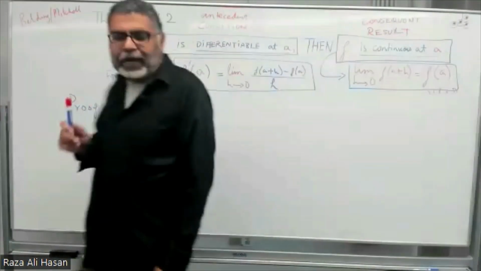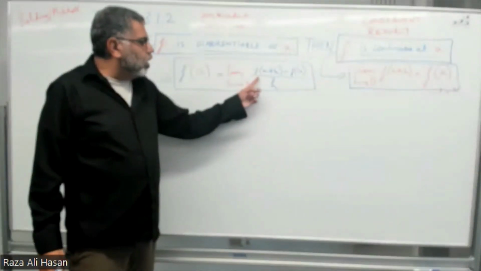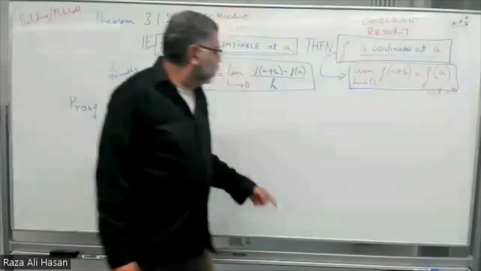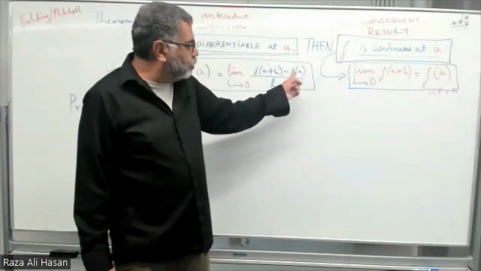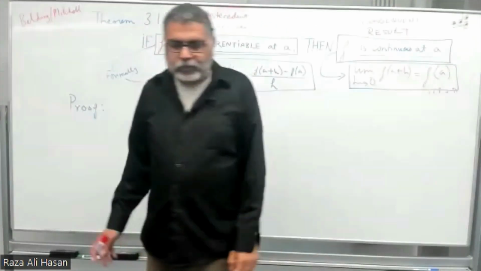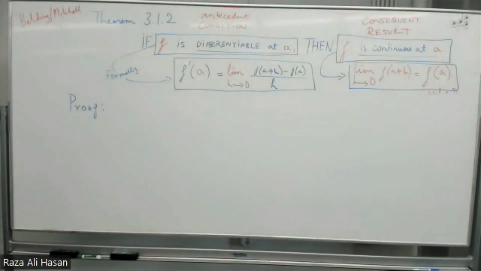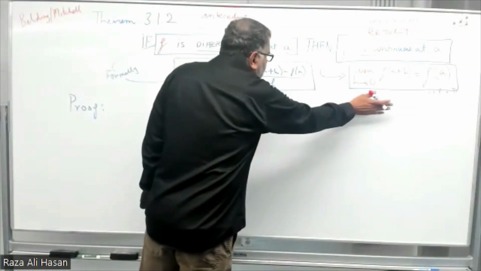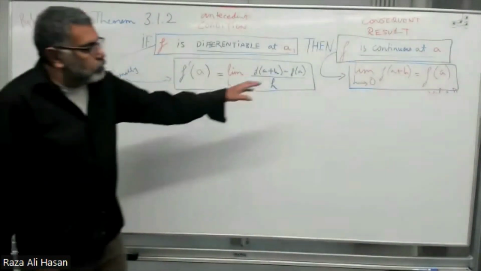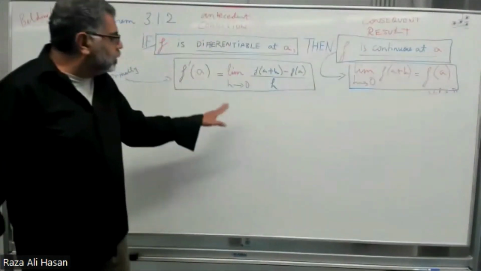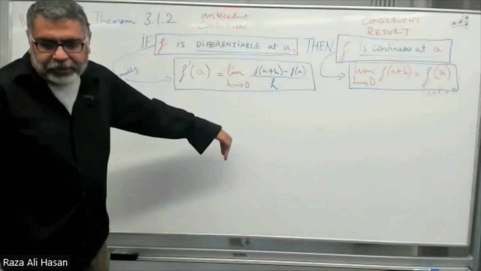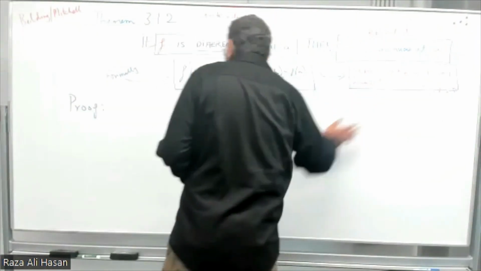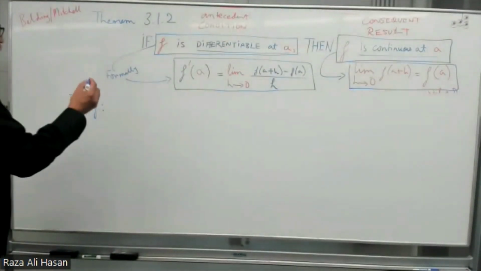We have f at a plus h in the antecedent, f at a plus h in the result, and f of a in both. So we don't have to write anything out. We can start right here and manipulate that to make it look like this, so that it can be used at the right time, because this is what we need to show.